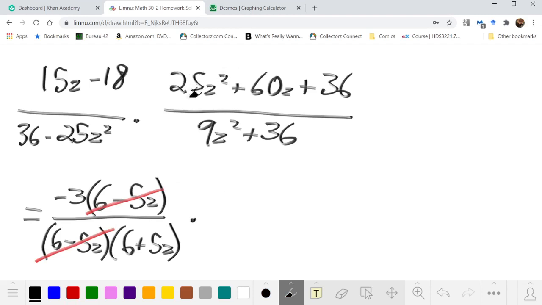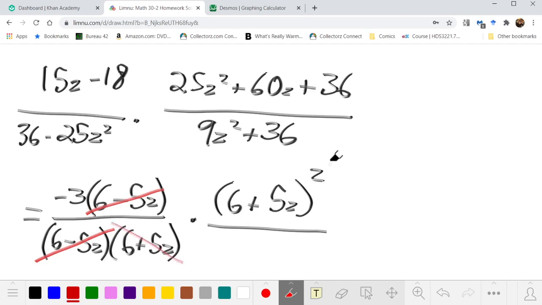Now, with our right-hand side, it's a little bit different. Here we don't have the difference of perfect squares, we have the product of perfect squares. This is what we get from 6 plus 5z squared. So again, we get some cancellations. One of these terms cancels with that squared. And in our denominator, we pull out a common factor of 9.